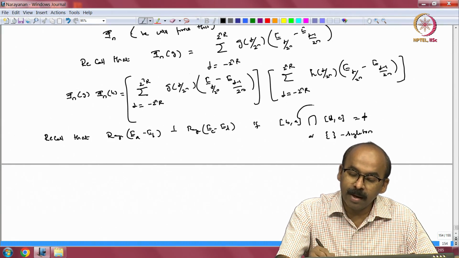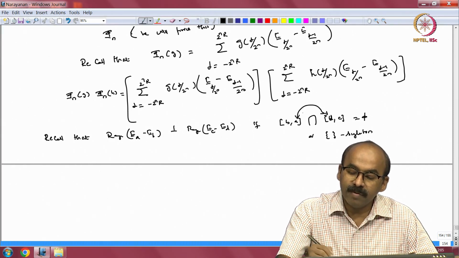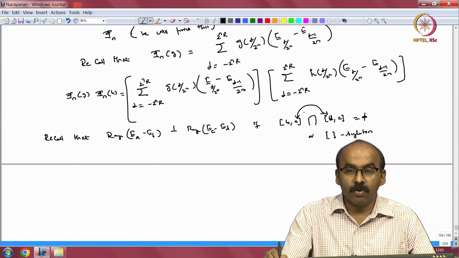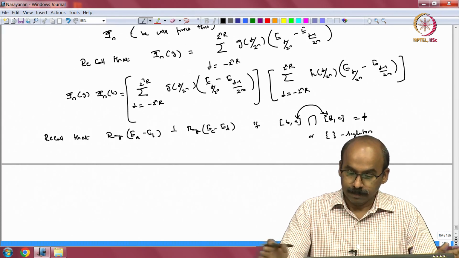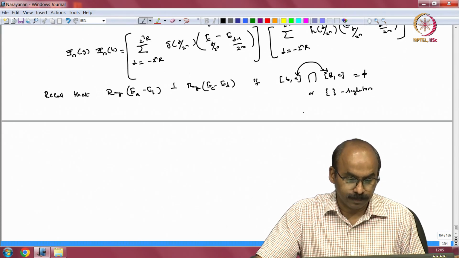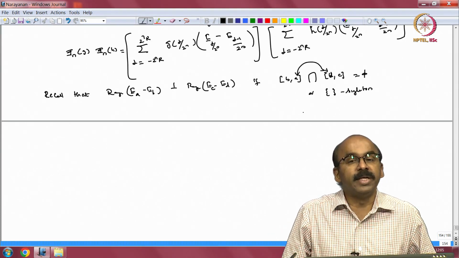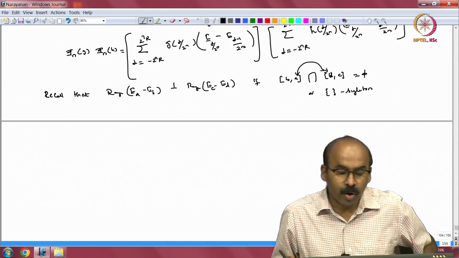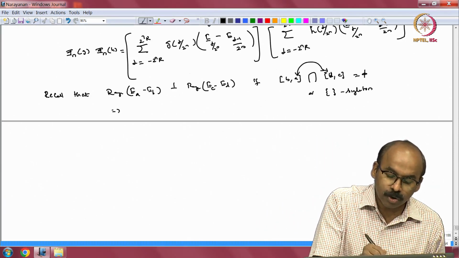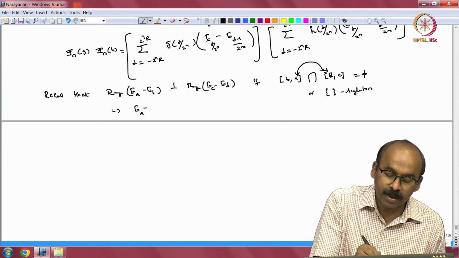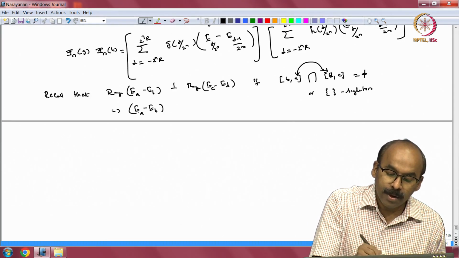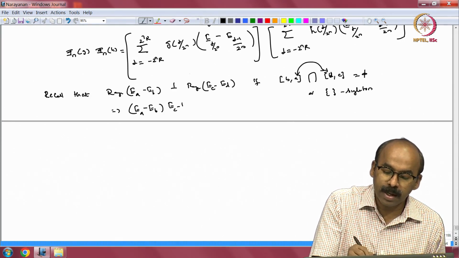Even if A and D are same intervals, same points, you will still get them to be orthogonal to each other. Okay. So, the ranges are orthogonal. The ranges being orthogonal would also mean that the product is 0, right. So, E A minus E B into E C minus E D is 0.